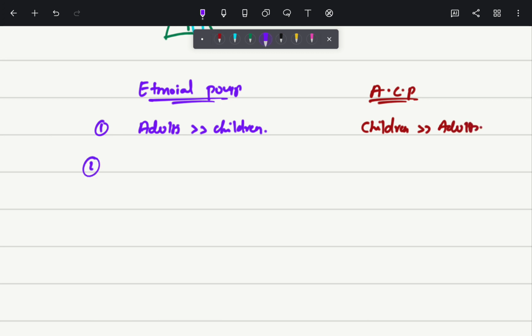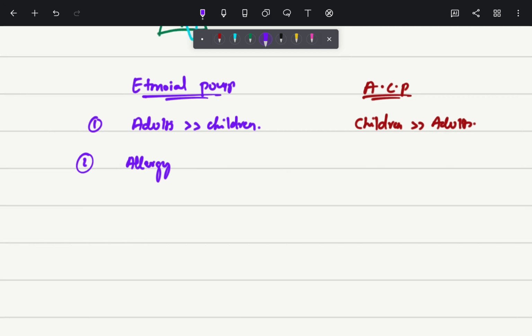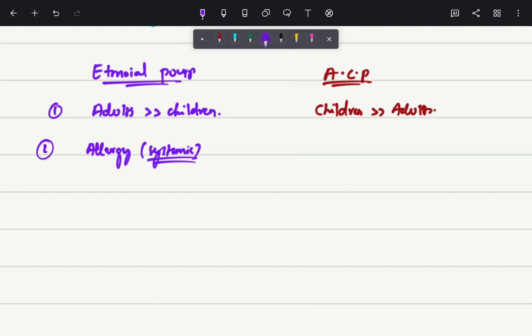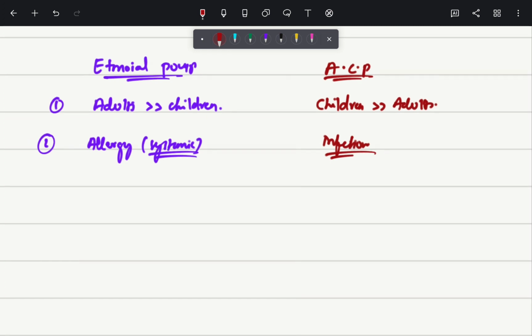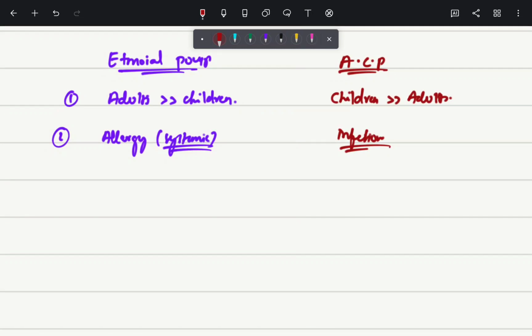The second thing is it is due to allergy. As adults are exposed to pollution, obviously this will lead to allergy, and due to which edema will form. So it is a systemic condition like allergy. Whereas antrochoanal polyp is due to infection. Children will be putting random things in their mouth, and due to this there will be infection. I hope you understand the concept there.